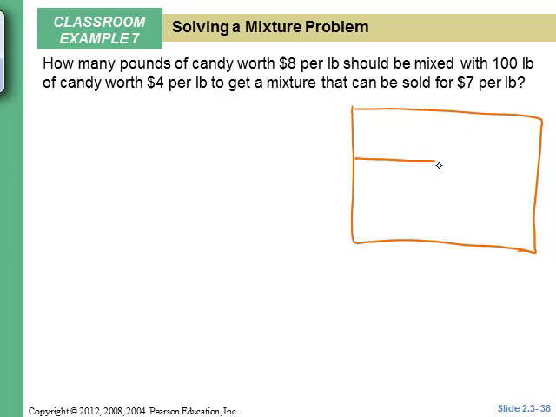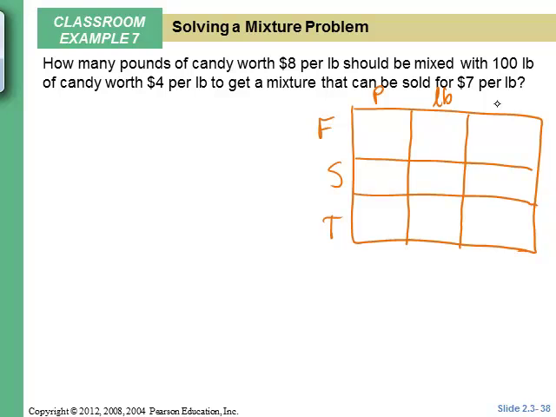All right, so we've got the first one, the second one, and the total. We've got the price, we've got the pounds, and we've got the total. $8 per pound, that's the first one. $4 per pound, and there's 100 pounds. $7 is the price.